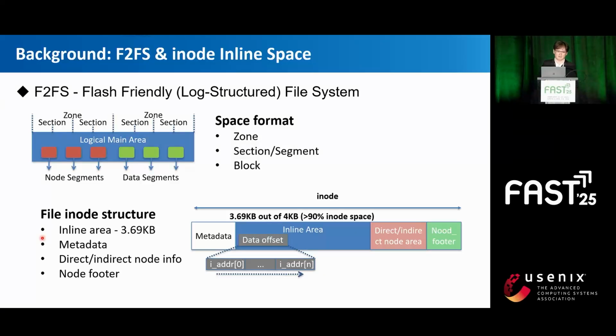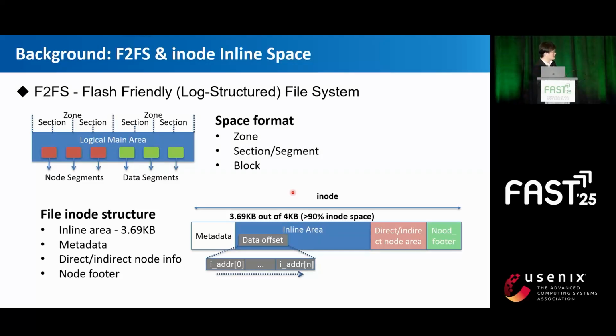So based on this, let us look at the mobile file system, F2FS. It is basically a log structure file system. And we are in particular interested in the inode structure as shown here. As you can see, there is an inline area in the inode, and this area occupies a very large proportion of the inode space.